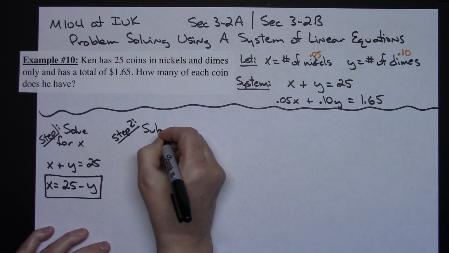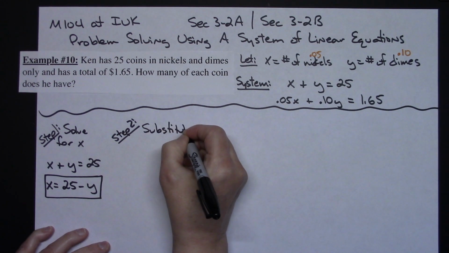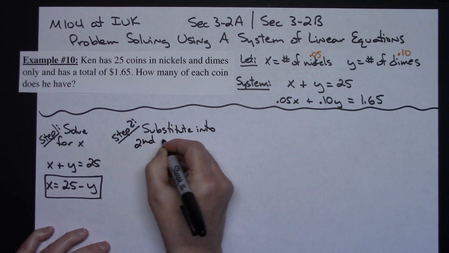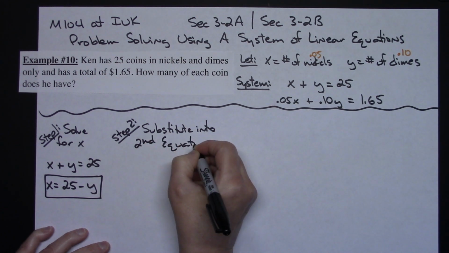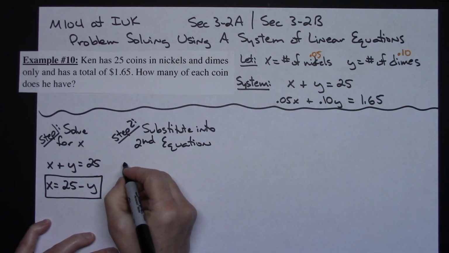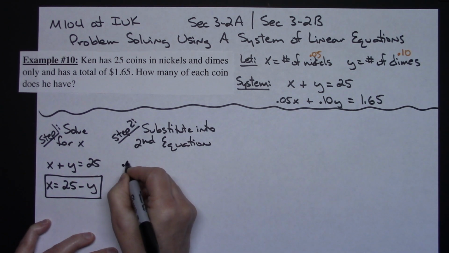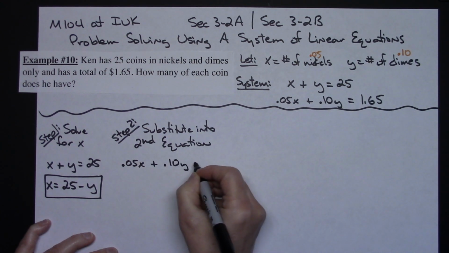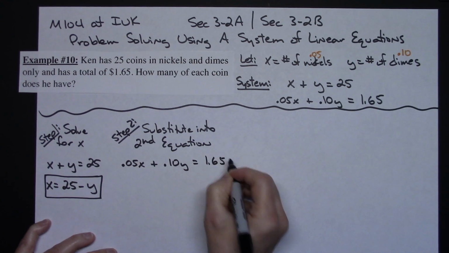So let's write down substitute into second equation. I'm going to start by writing that second equation down in its original form. So 0.05x plus 0.10y is equal to 1.65.